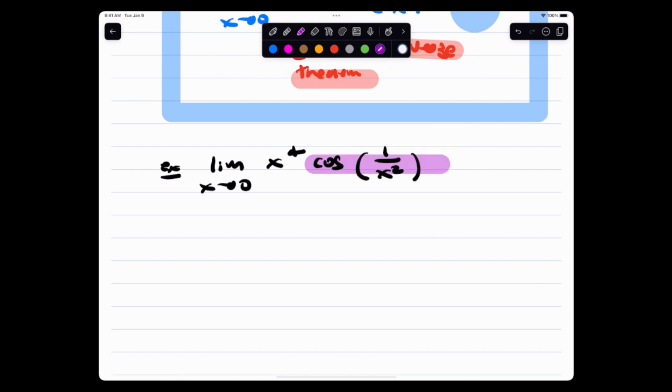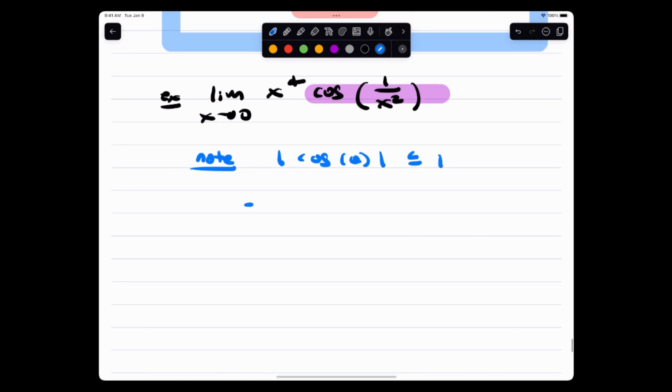What do you know about cosine as well? We're going to write it this way too. We're going to give you guys another fact. The absolute value of cosine of any angle is less than or equal to 1, which is the same as saying negative 1 is less than or equal to cosine, which is less than or equal to positive 1. That's what they're saying.